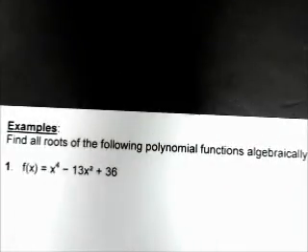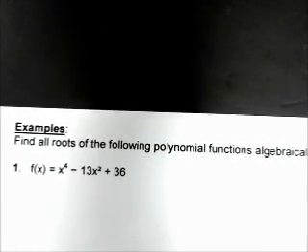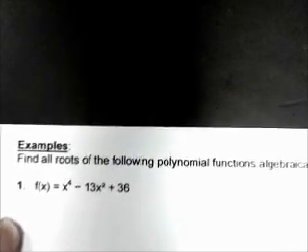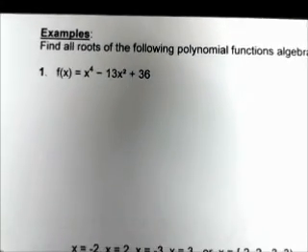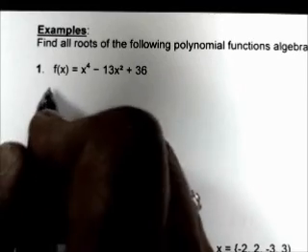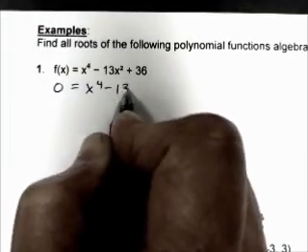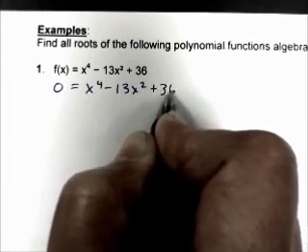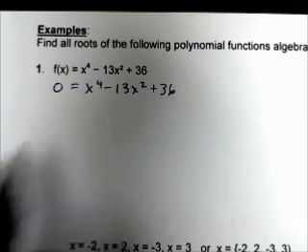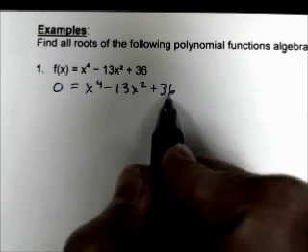So looking at examples of fourth degree polynomial functions. We have f of x equals x to the fourth minus 13x squared plus 36. Replace f of x with 0. And let's go about factoring. All right, it is a trinomial. Even though it's of degree 4, we go to the constant.